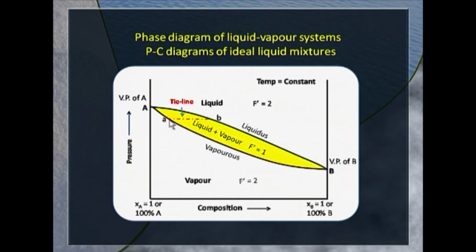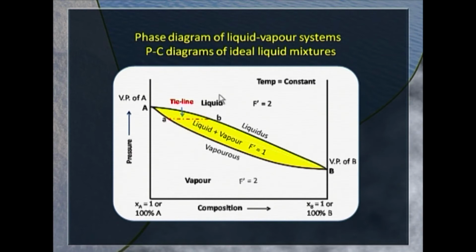Now, we have drawn a line here, AB, which is the tie line, which tells us the composition of the vapor that is in equilibrium with the liquid under the given conditions. We also noted in the diagram the number of degrees of freedom.